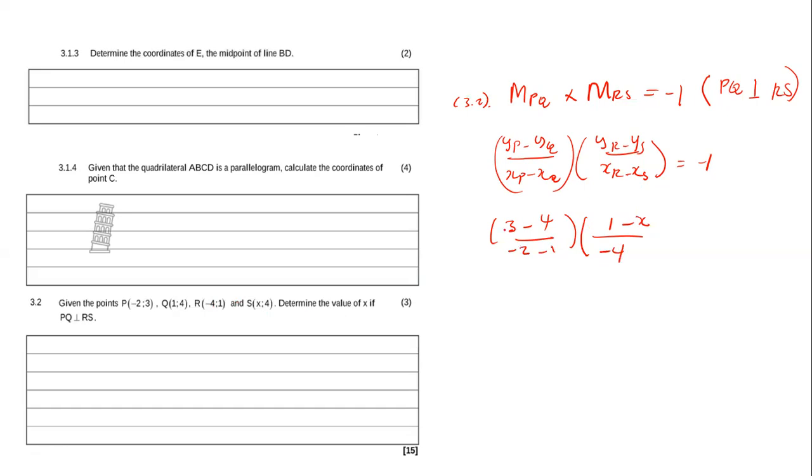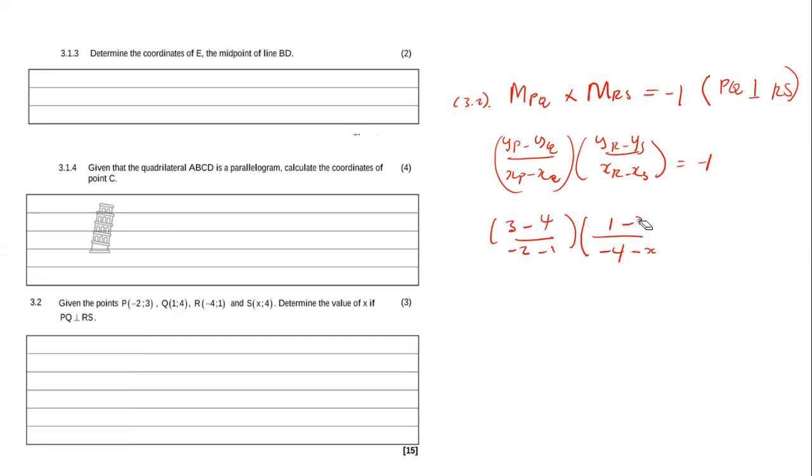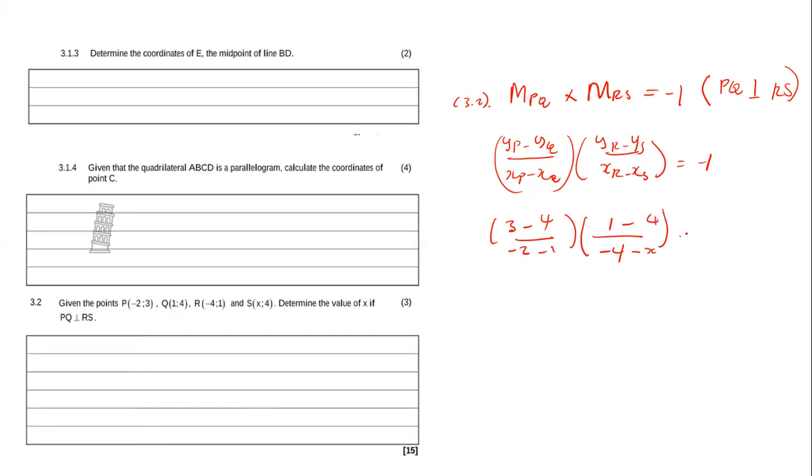And then X of S is X, the value we are looking for. Y of S is 4. Let's confirm: Y of P is 3, Y of Q is 4, X of P is negative 2, X of Q is 1, and this is also correct.